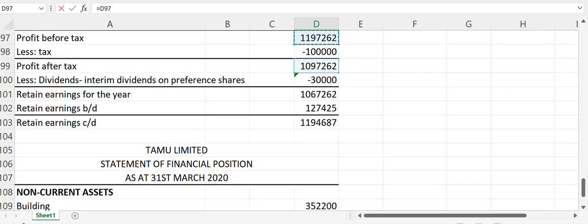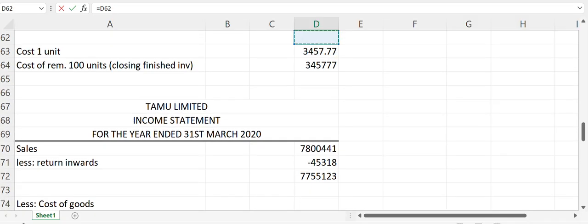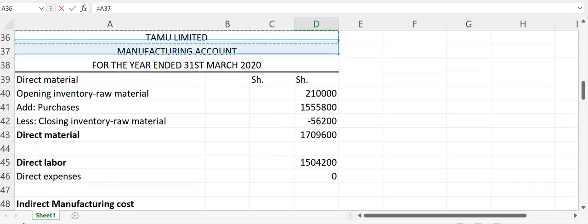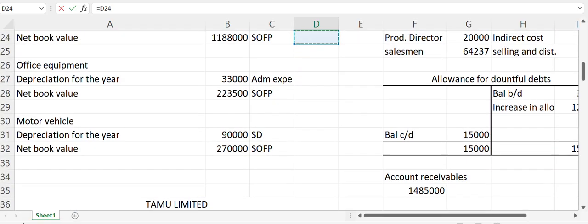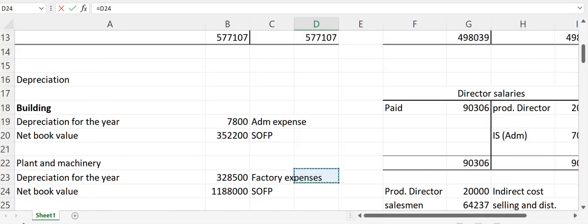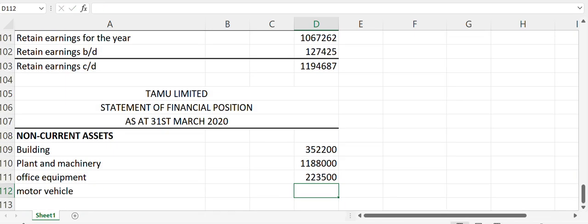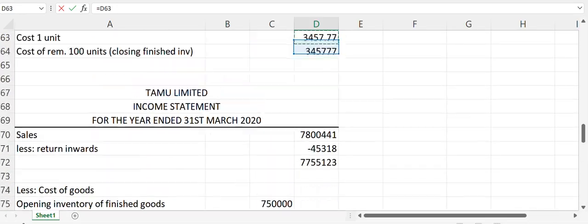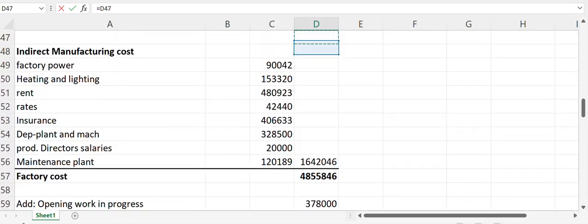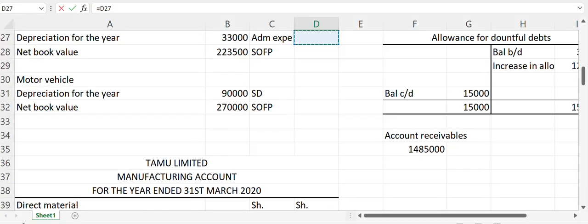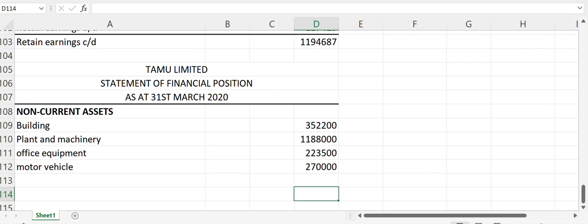For office equipment, that, and then motor vehicle, that.